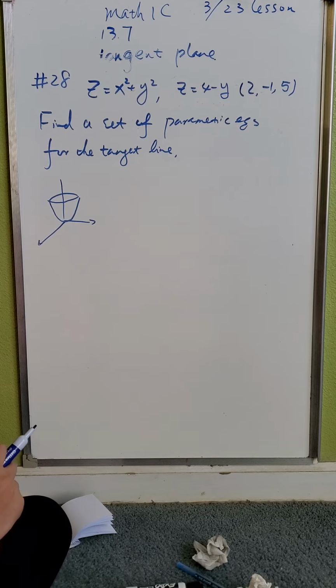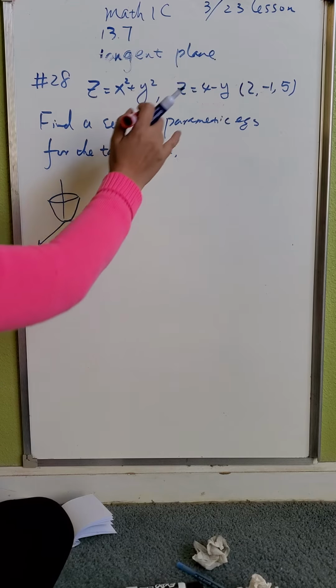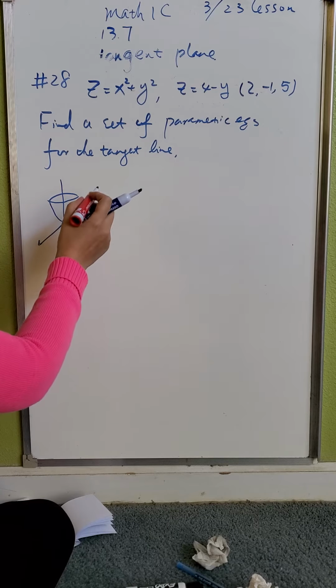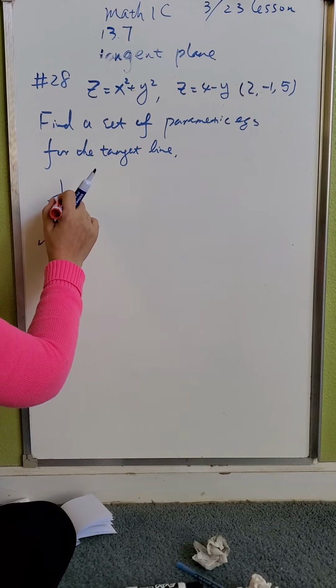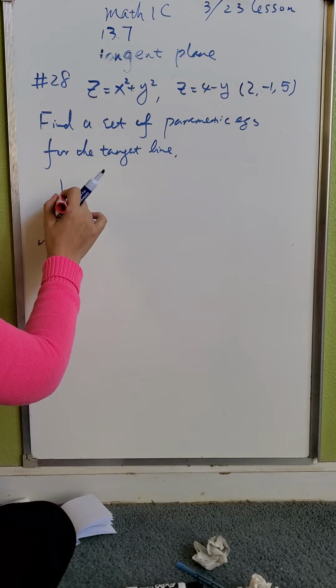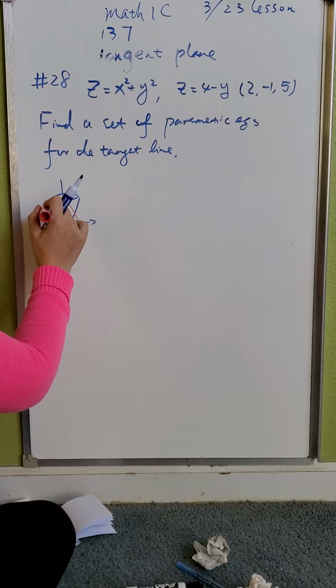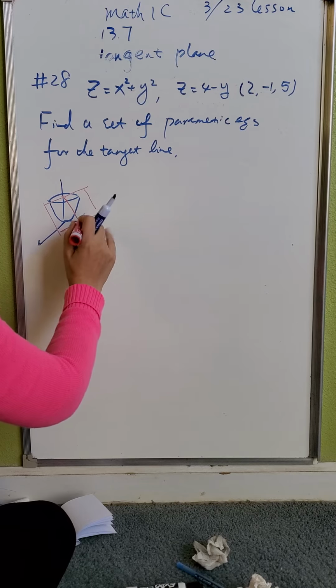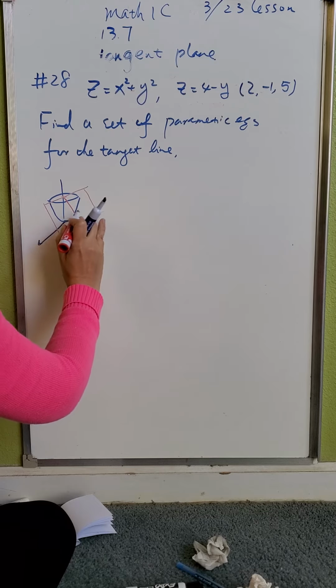And then z equals 4 minus y: when z is equal to 0, y is equal to 4, so let's say this is 4. When y equals 0, z is equal to 4, let's say this is 4. So it's parallel to the x direction, because x is missing. If x is missing, that means it's parallel to the x direction.